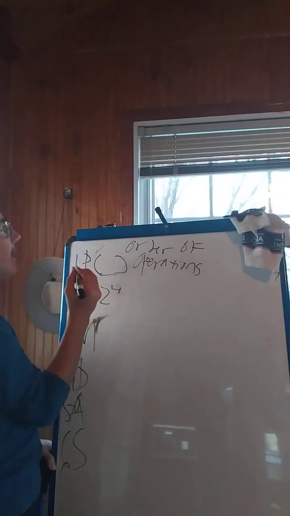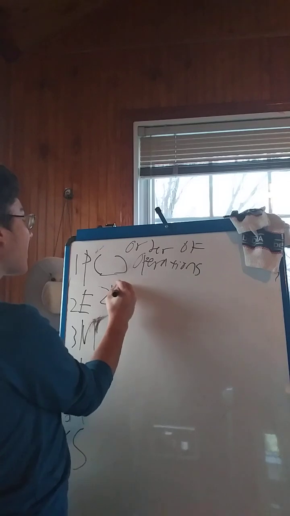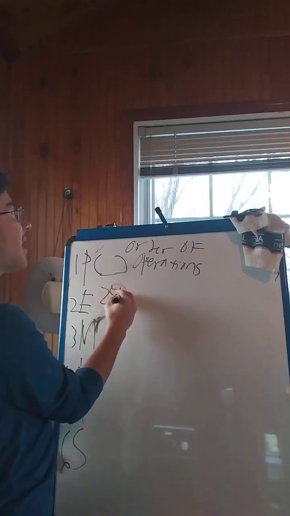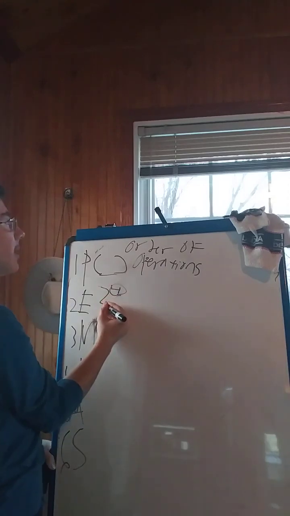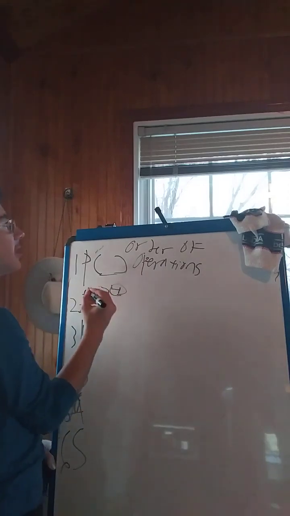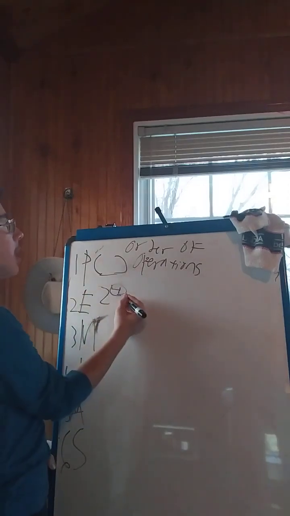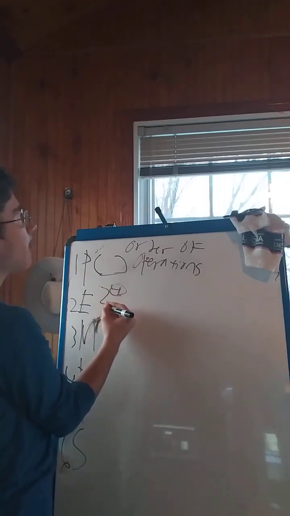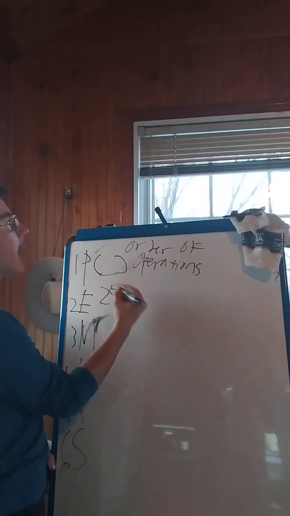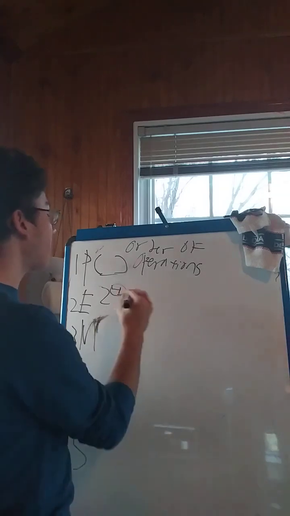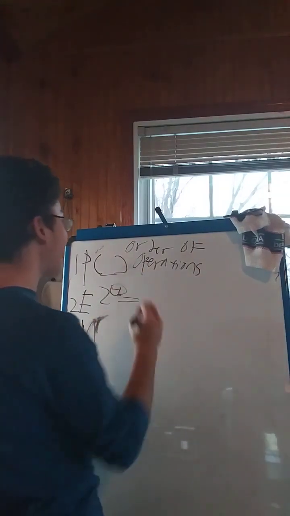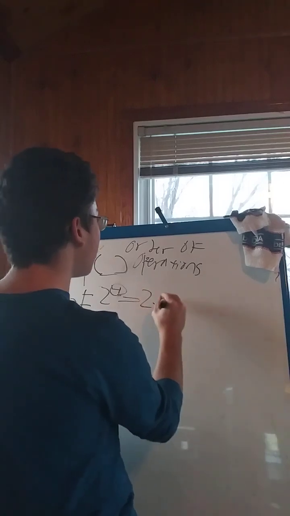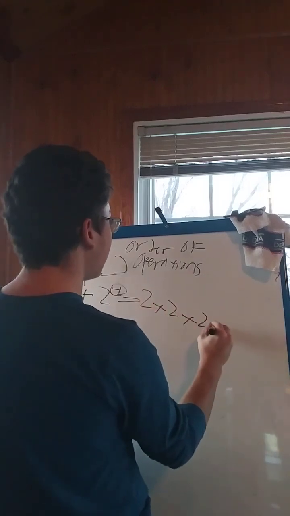So this number up here determines how many times you multiply this number here. So we have 2, and we are multiplying it 4 times. So there's 4 2's. So this, 2 to the 4th power, as they would say, would simply be 2 times 2 times 2 times 2.